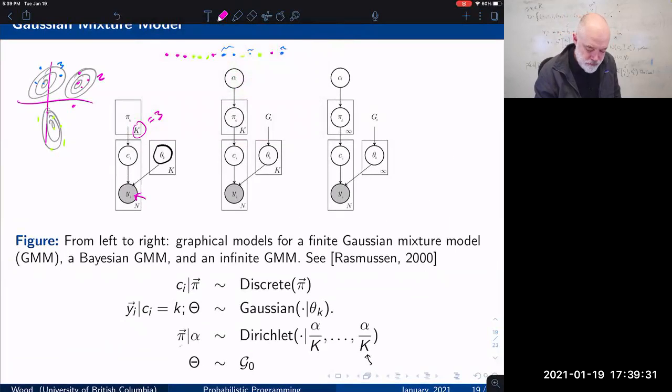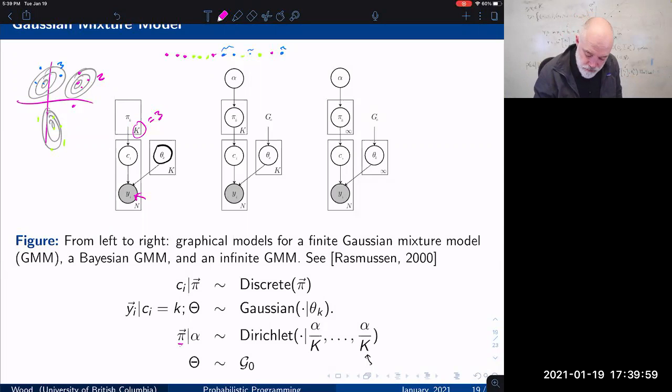So pi is the distribution, a discrete distribution over cluster identities. And if you make the dimension of pi large, then by virtue of standard regularization, so on and so forth, the number of non-zero clusters, the number of clusters that have non-zero membership, will be small.